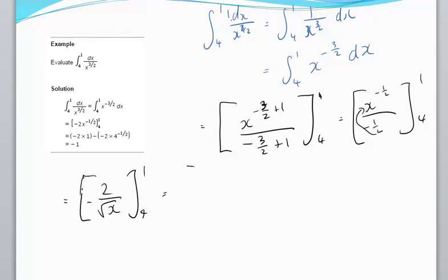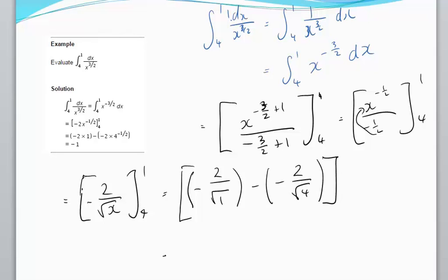So if we put our values in here, we've got minus 2 on root 1, minus 2 on root 4. So this will become negative 2 minus negative 1. So negative 2 plus 1 will give us negative 1.